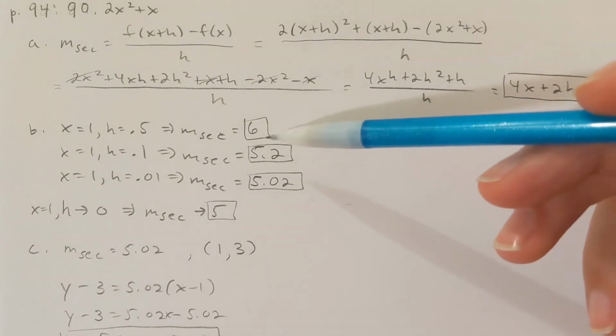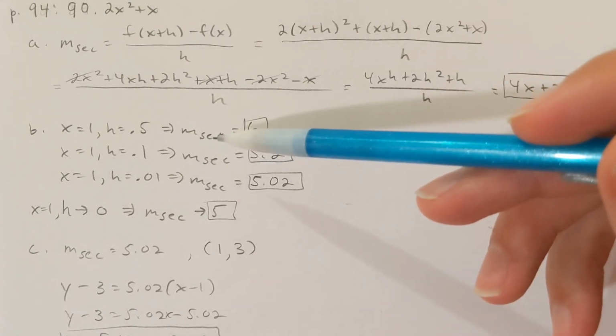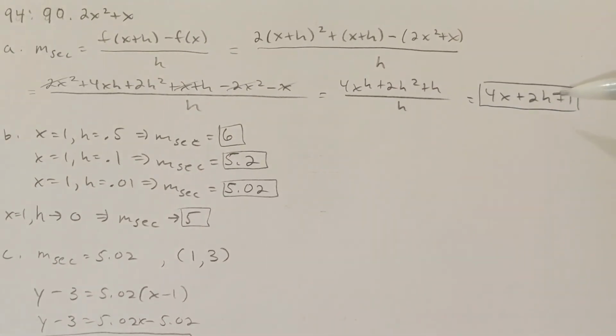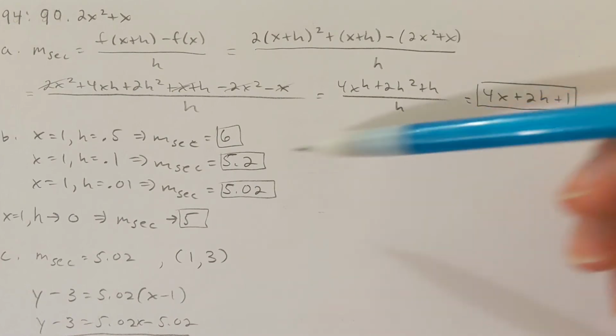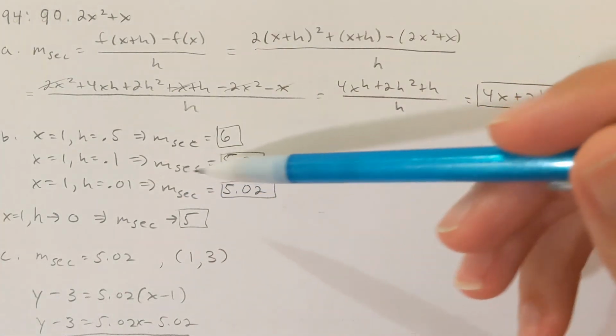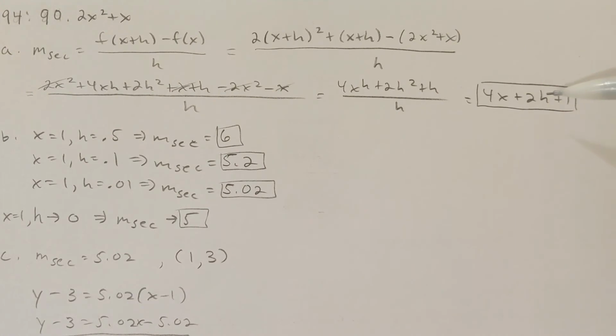With x equals 1 and h equals 0.1, I've got 4 plus 1 is 5, plus 0.2 gives me 5.2. When x is 1 and h is 0.01, I get 4 plus 1 is 5, plus 0.02 is 5.02.